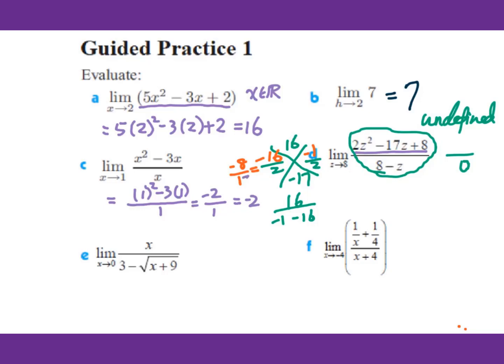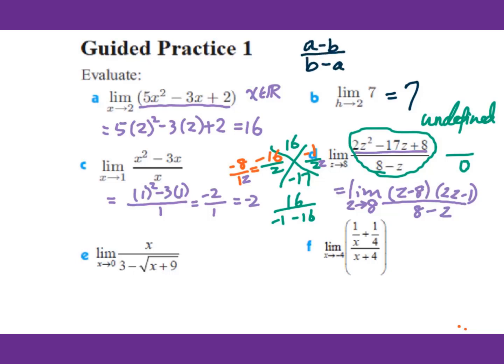Then the variable is z. Then we do bottom up. You will get the limit as z approaches 8 of z minus 8 and 2z minus 1 over 8 minus z. We know that a minus b over b minus a, when you reduce, you get negative 1.